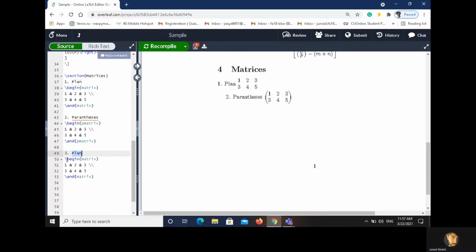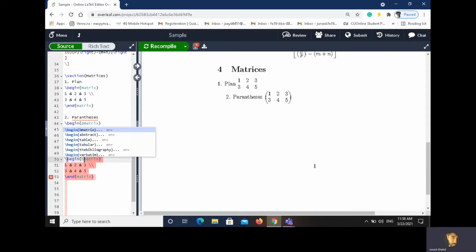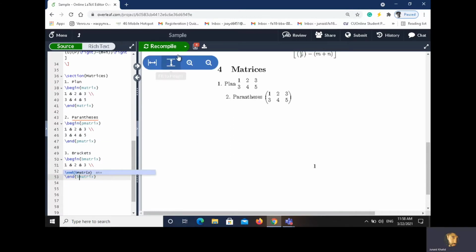Now we are going to write number 3 and it will be brackets, small b, and here small b and compile. So here it is, brackets matrix 1 2 3 3 4 5.